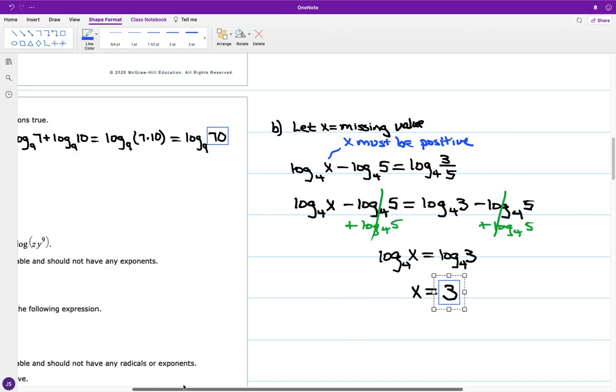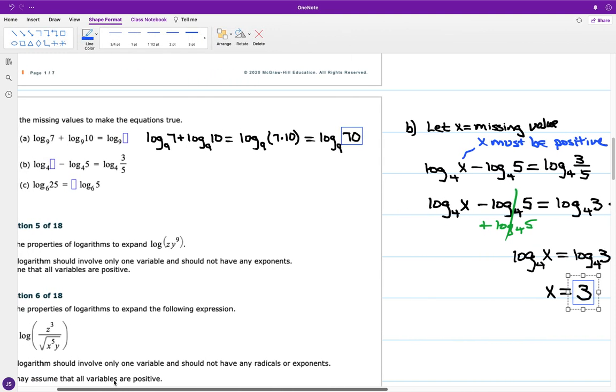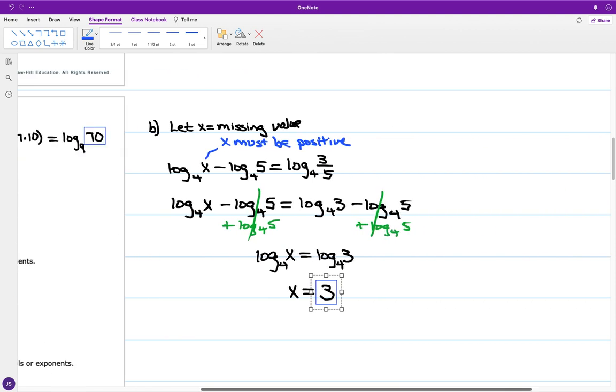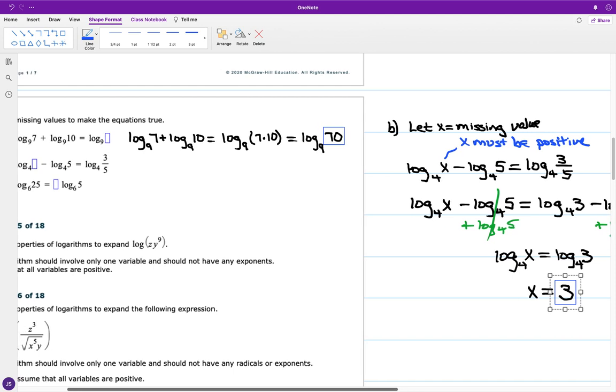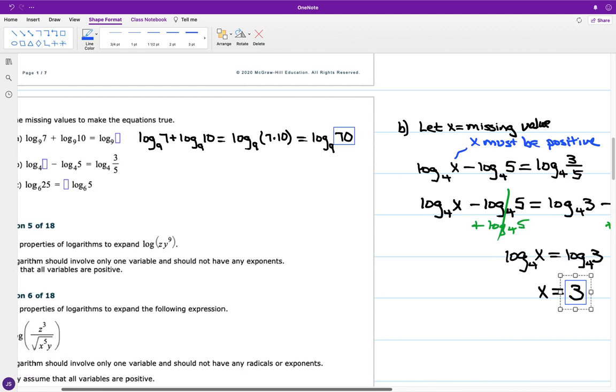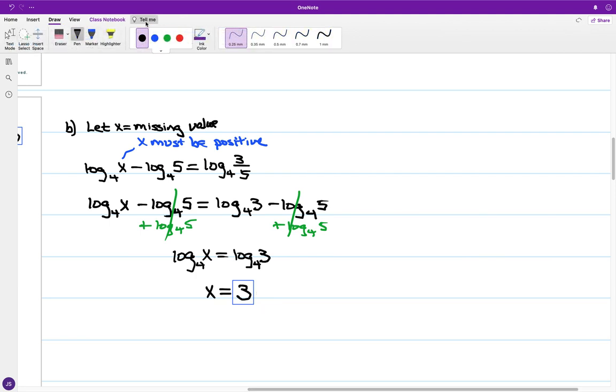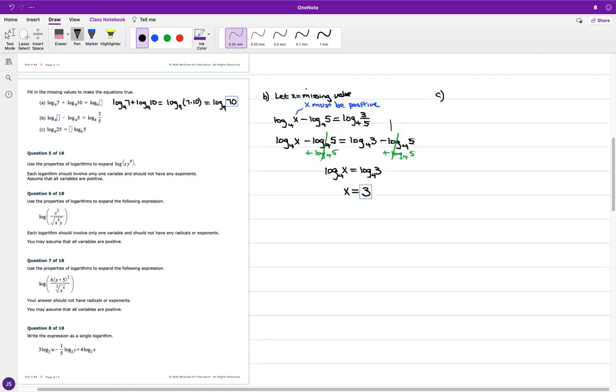Okay. And for part C, you have a base 6 logarithm of 25, and if I rewrite this in terms of base 6 logarithm of 5, I have a base 6 logarithm of 25.